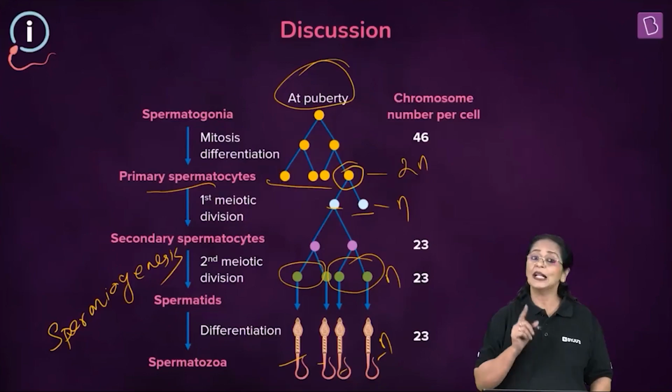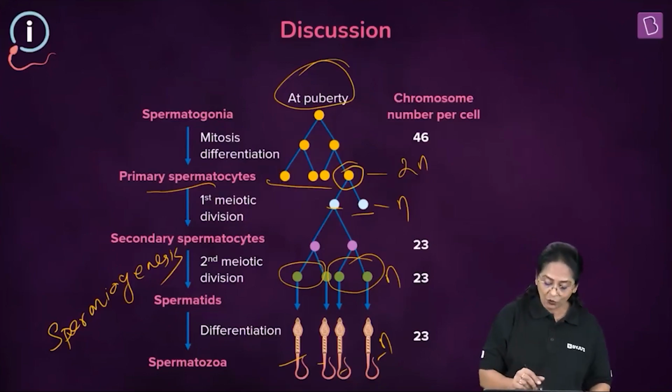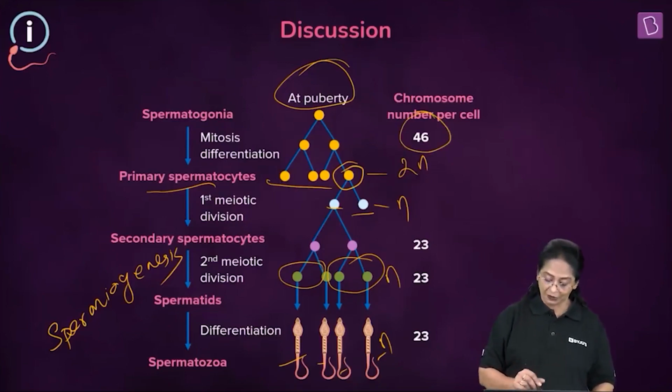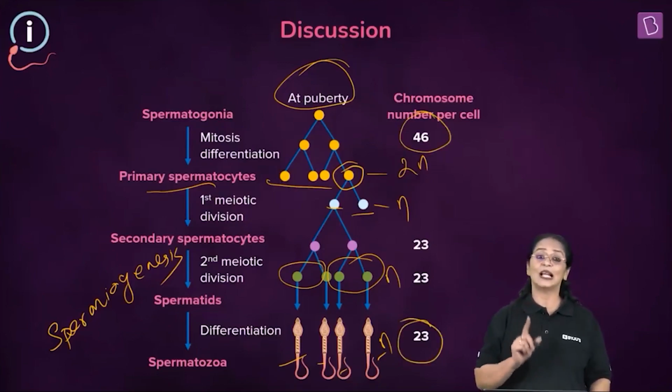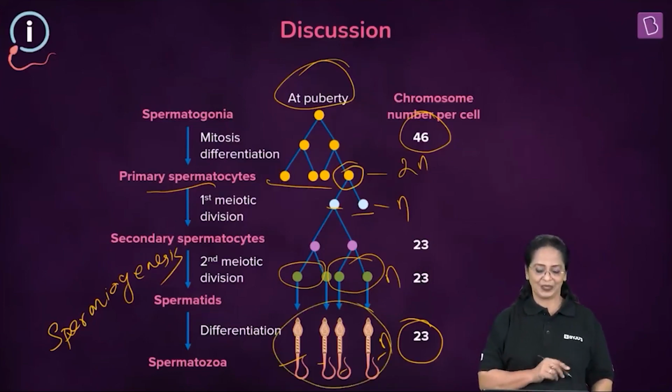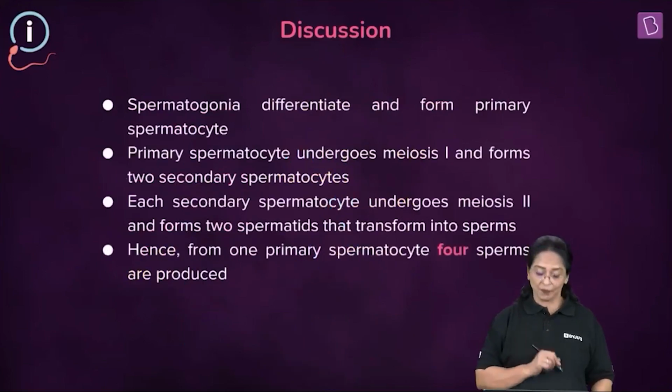Because we are looking at spermatogenesis in humans, the diploid number is 46, but the gamete is going to carry only a single set of chromosomes, that is 23. So from one primary spermatocyte, how many gametes did we get? We got 4. Correct? That is spermatogenesis.